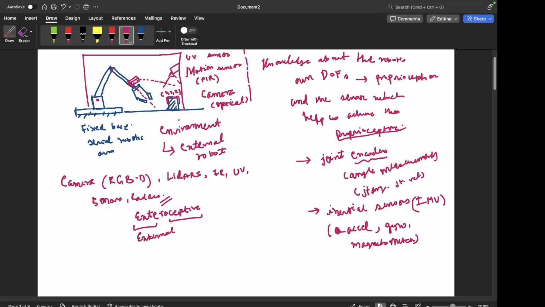Okay, so they are very crucial, these proprioceptive sensors. In fact, whenever we start developing or building these complicated robots, we first use proprioceptive sensors because they are necessary. It cannot be done like, I will add joint encoders or IMUs later and I can just move my robot or use my robot.